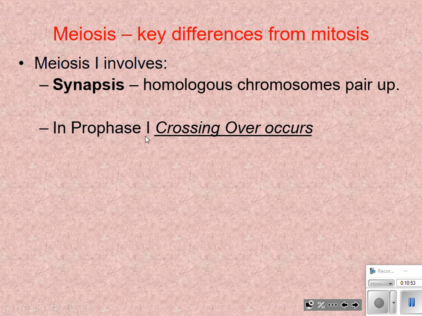Crossing over occurs in prophase 1. Do we have any crossing over happening during mitosis? Do we have a prophase 1 in mitosis? No. Crossing over, prophase 1 has to be meiosis.